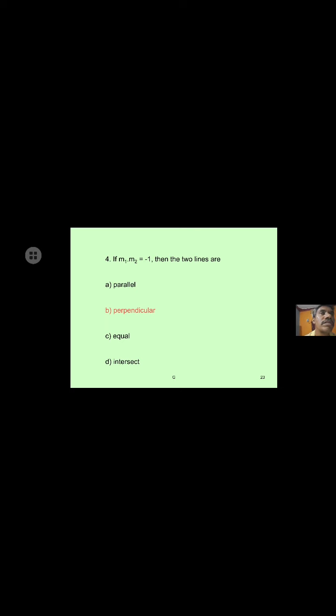If we take the product, we will get minus 1. So simply we can say, if the product of two slopes is minus 1, then the lines are perpendicular. So the fourth answer is B, we have to select the option B, that is perpendicular.